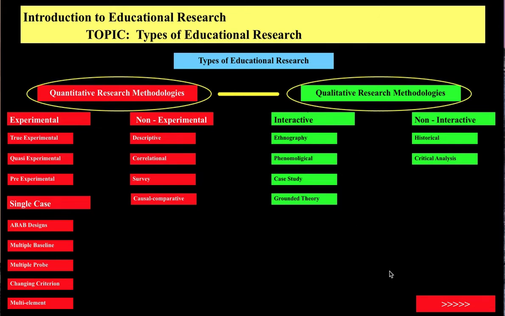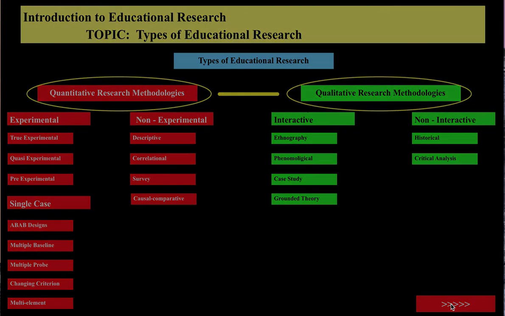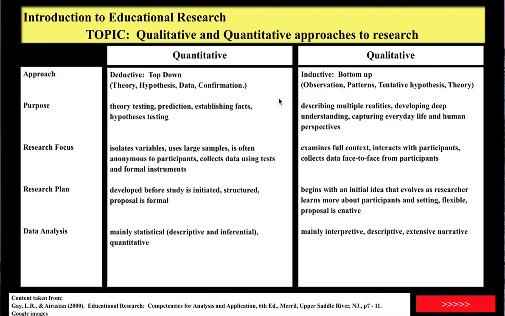All right, so let's take a look at the differences between quantitative research methodologies and qualitative research methodologies. We'll look at them in terms of their approach, their purpose, their focus, their research plan, and their data analysis.